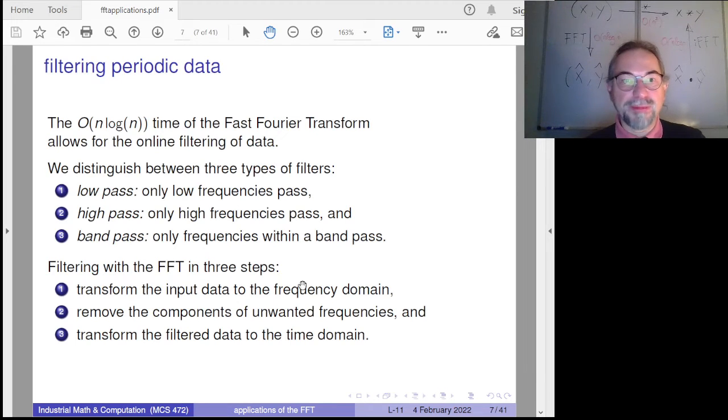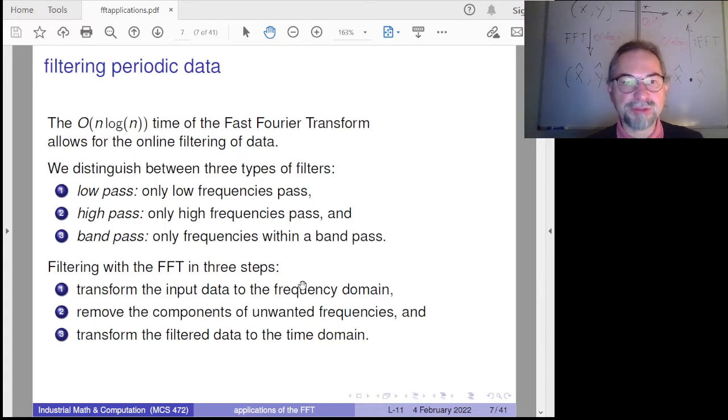How is this now applied? With the fast Fourier transform, we can actually do online filtering. What that means is that we can compute the spectrum of a signal, then do the corrections in this frequency domain, and then transform back into the time domain.